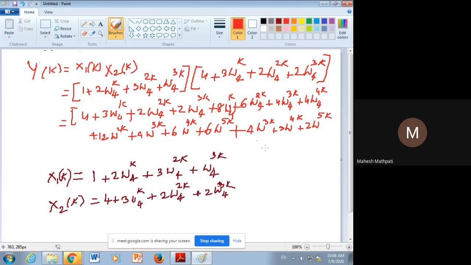And lastly, I will write plus W to the power 6K. So this is the complete multiplication. Any confusion here? Sir, 2W4 to the power... Okay, it is 2. 2 is there. Okay, very good. So this will be 2, it is multiplied with 2 there.